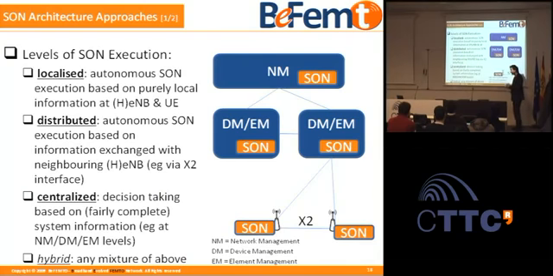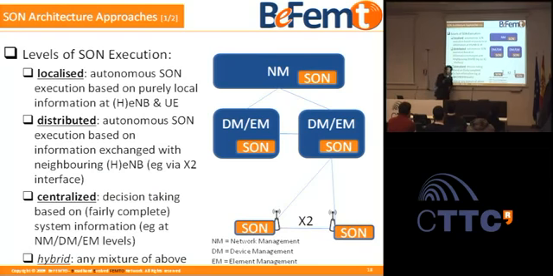So there are lots of degrees of freedom in how you can run the SON, but 3GPP is rather interested in where you take the decision, because this is where you're most likely going to be gathering the information from. Now you clearly have the localized, distributed, and centralized approach. Localized means you take the information which is around you and you draw a decision yourself.